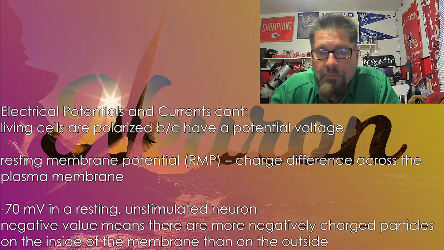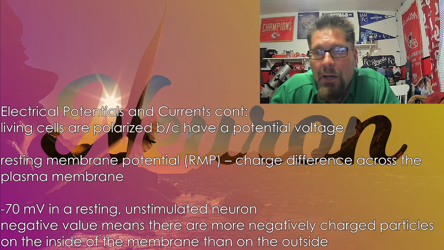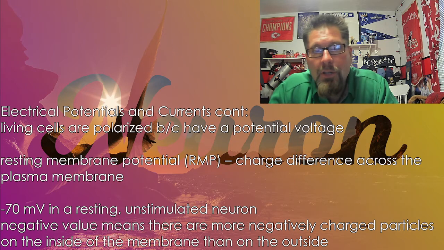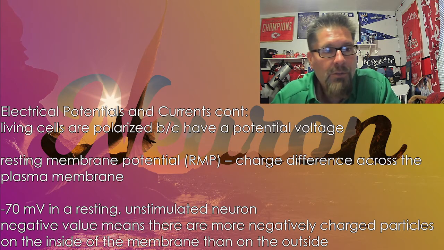But -70 is the number that your neuron cell sits at when non-firing or non-excited, just in its everyday normal typical self. -70 is that number, and then when the signal arrives, it goes through a series of steps to increase that number using sodium and potassium as a way to make that go up to a +35 and then back down to its resting potential. But we'll talk about all those steps in this video.